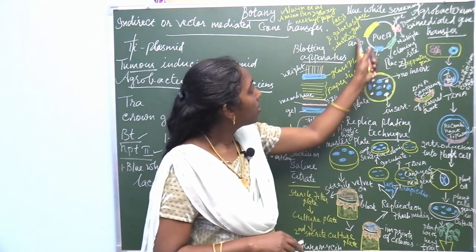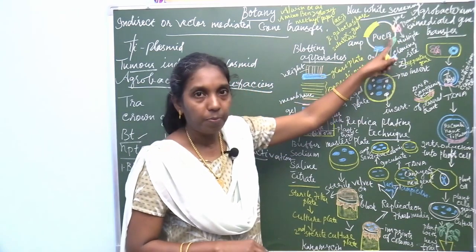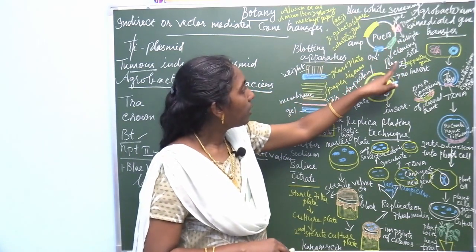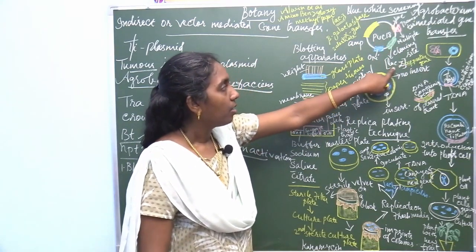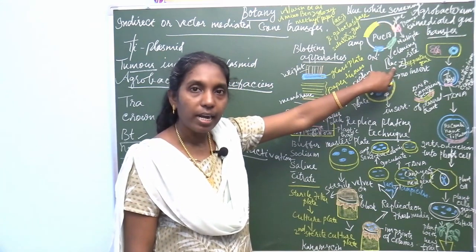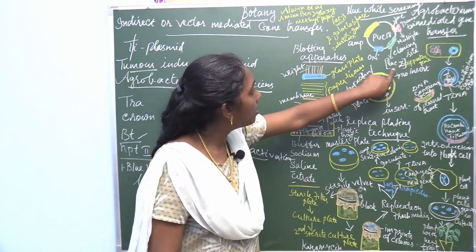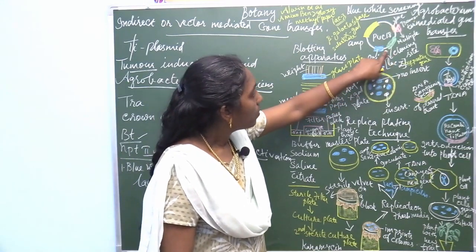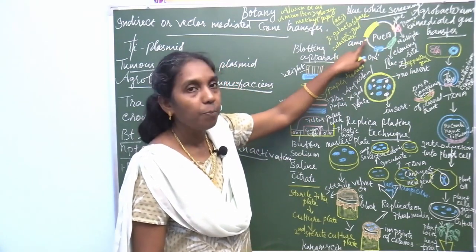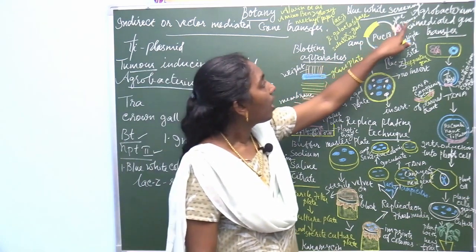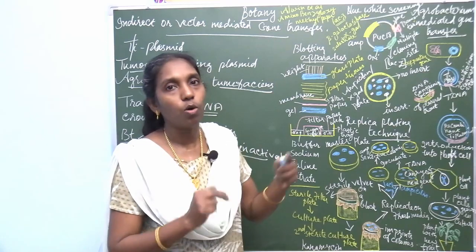This is the plasmid. This plasmid contains different regions. There is a reporter gene called lacZ, there is an ampicillin resistance gene, and there are multiple restriction sites also present in this.